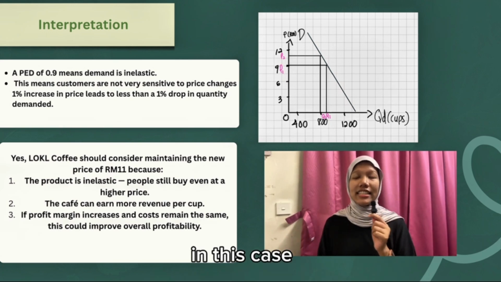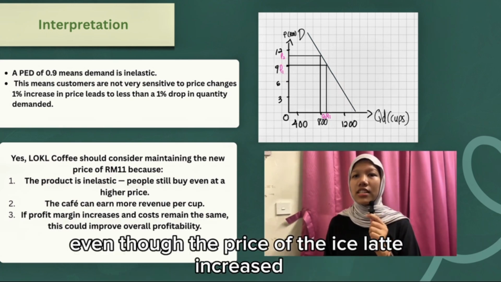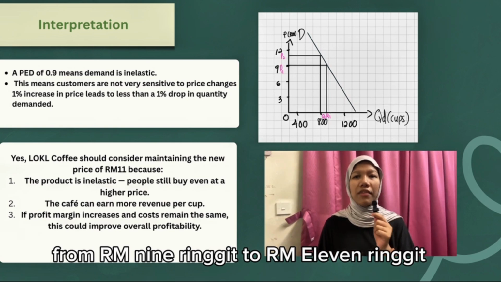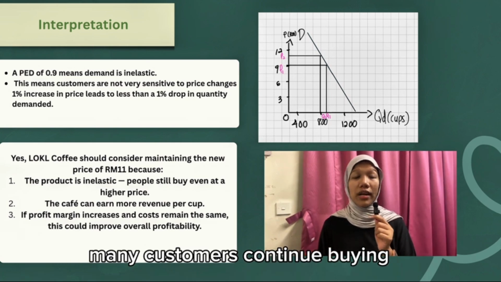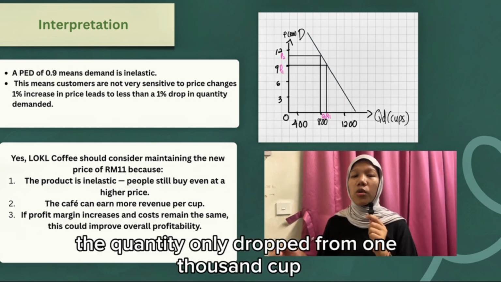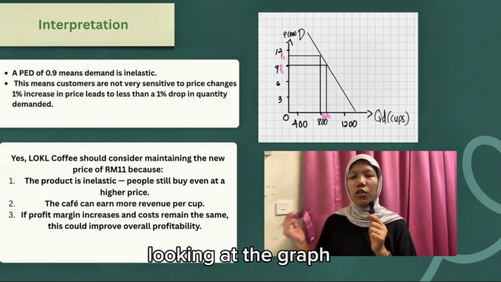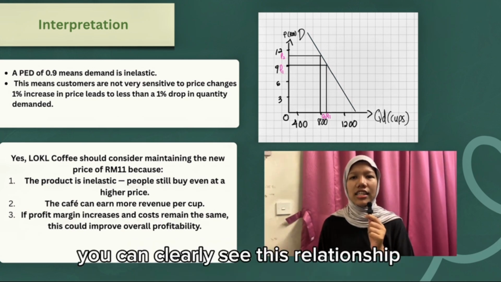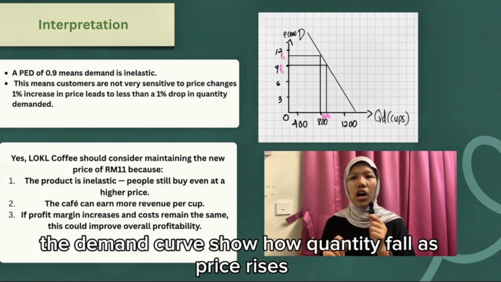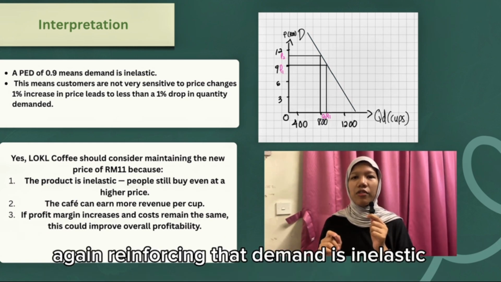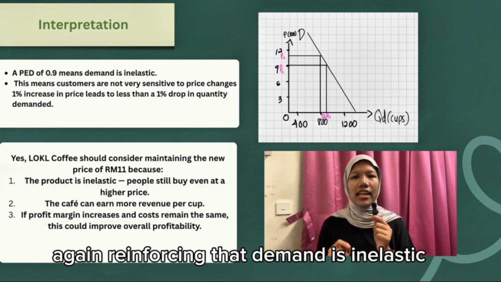In this case, even though the price of the iced latte increased from RM9 to RM11, many customers continued buying. The quantity only dropped from 1,000 cups to 800 cups. Looking at the graph, you can clearly see this relationship. The demand curve shows how quantity falls as price rises, but not drastically, again reinforcing that demand is inelastic.